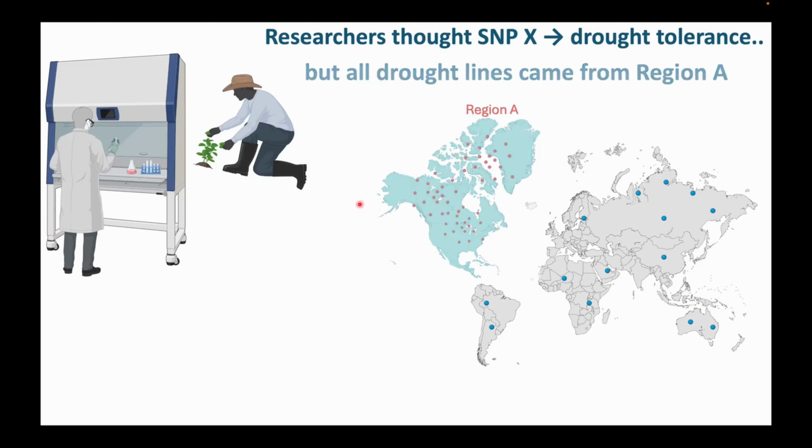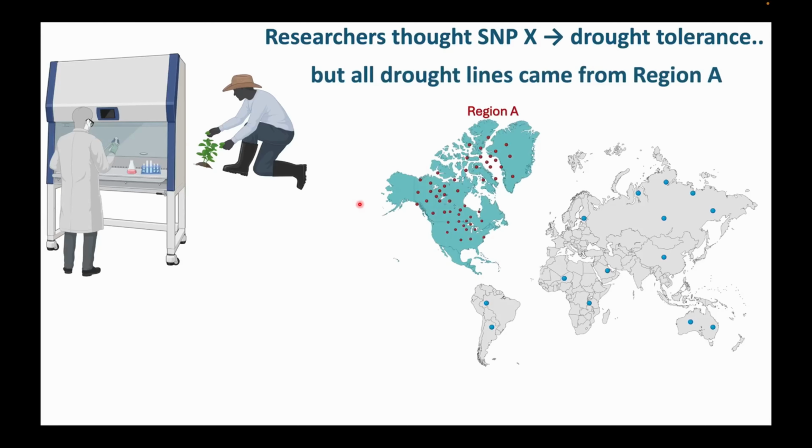Here we call it region A. And so it's likely that the shared ancestry between the points in region A would be the one driving the association and not the causal variant. And so because of this, if you do not correct for population structure, you are likely only chasing a spurious association or a false positive.